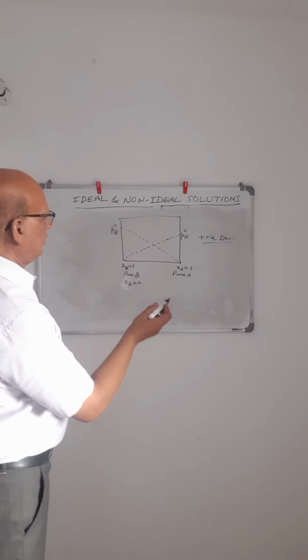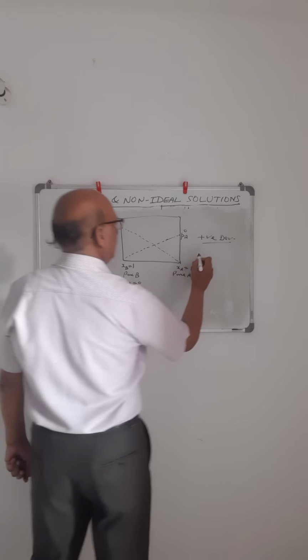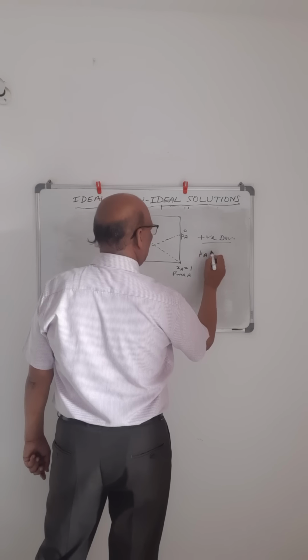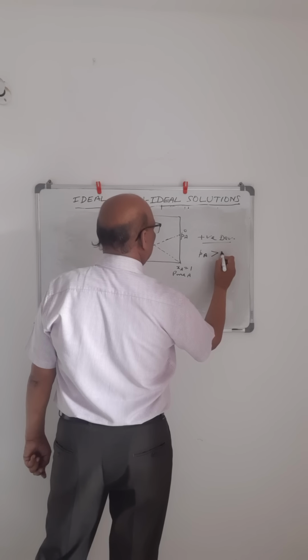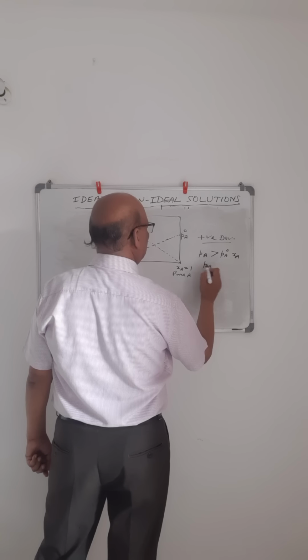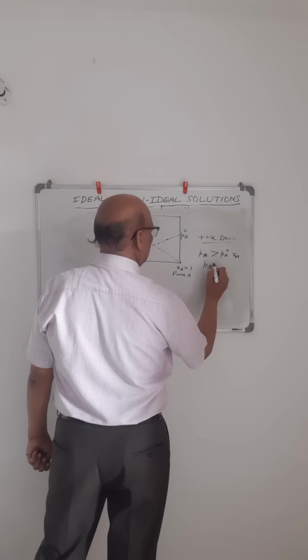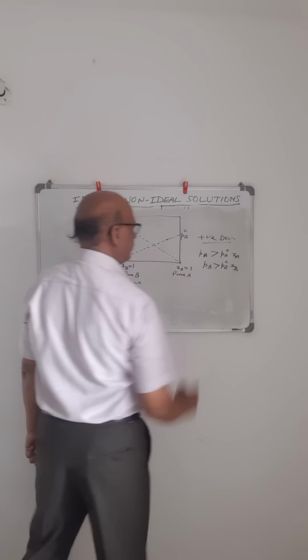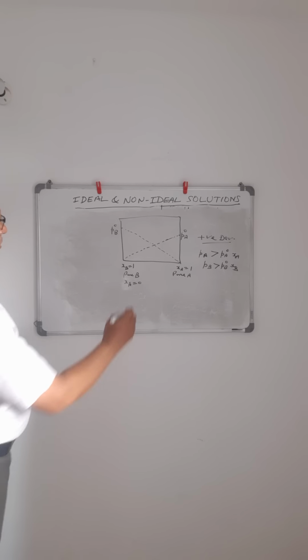But as it is showing positive deviation, the partial vapor pressure of A in the solution will not be equal to PA naught XA; rather, it will be greater than PA naught XA. Similarly, the partial vapor pressure of B in the solution will be higher than that predicted by Raoult's law, that is PB naught XB.